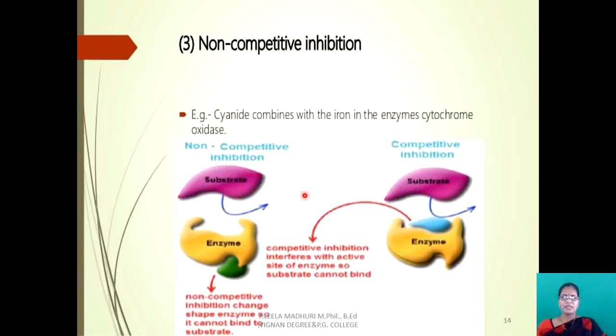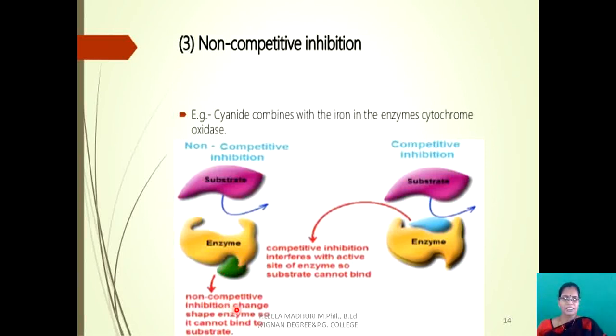So this is the diagram comparing non-competitive inhibition and competitive inhibition. Let us see what's happening in non-competitive inhibition. This is the enzyme, and this is the active site. The substrate is not binding, the inhibitor is bound.